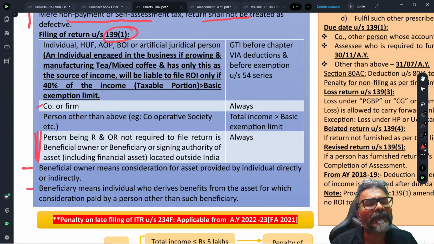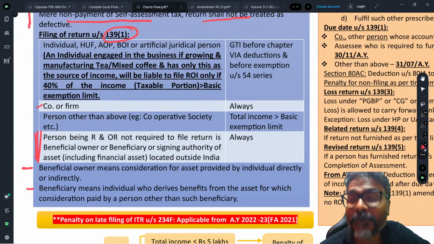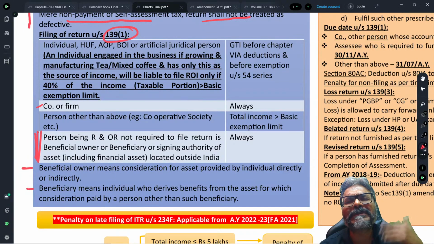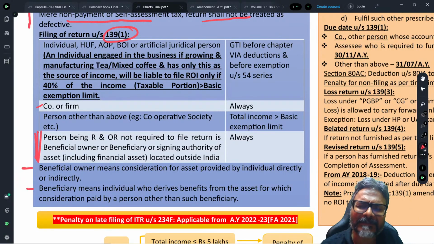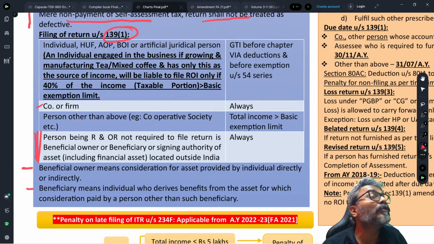Because you were the beneficial owner or the beneficiary, this is the new normal. The new normal is that now we don't find the amount in the Swiss bank. Obviously nobody would want to risk it, because the Swiss authority now has an agreement with the Indian government as per which they will automatically share information about whose money is in a particular Swiss account.